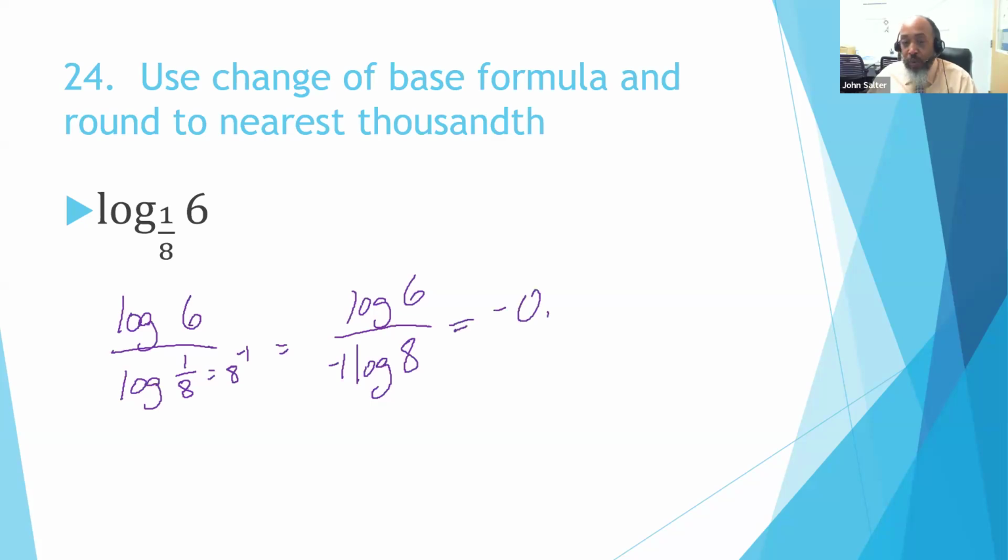Negative 0.8616. Round to the nearest thousandths, tenths, hundredths, thousandths. That's this one. I look to the right. I need to round up because that's 5 or higher. So my answer is negative 0.862. Okay.